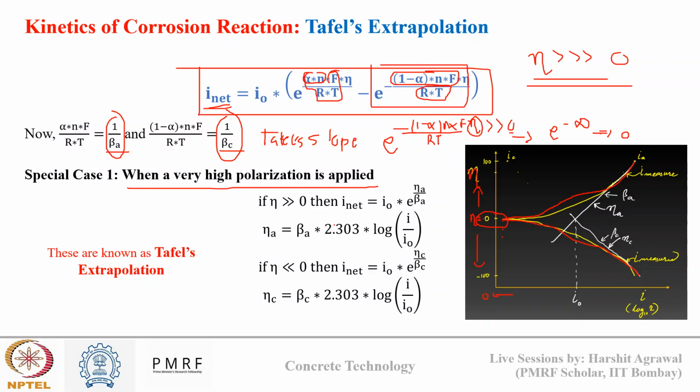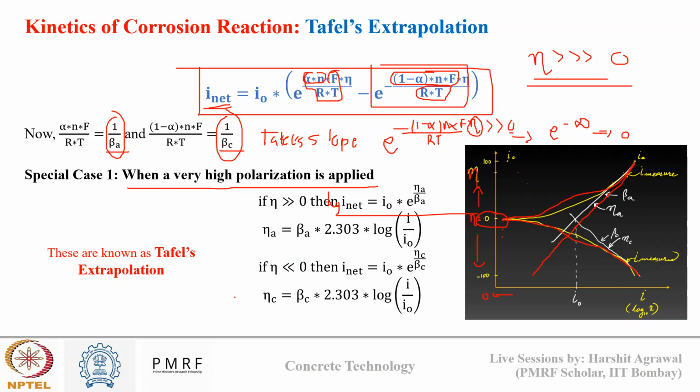So my net current will be defined only by the first factor, which is e to the power eta a upon beta a. If I take log on both sides, I can write eta is equal to beta a times 2.303 log I by I naught. This is the line which defines the slope of the anodic curve.